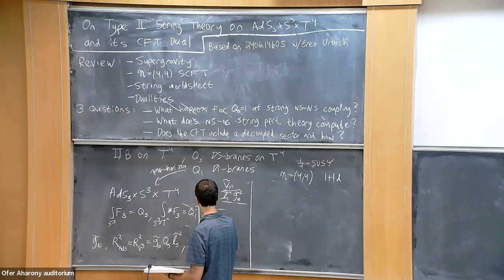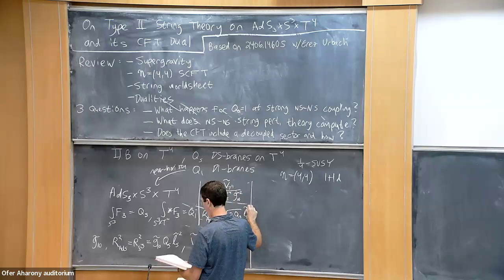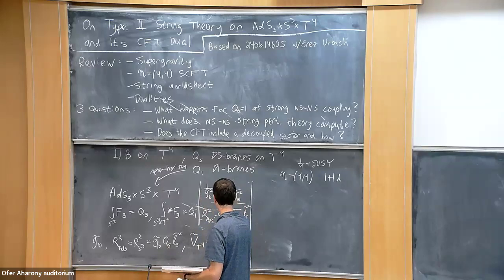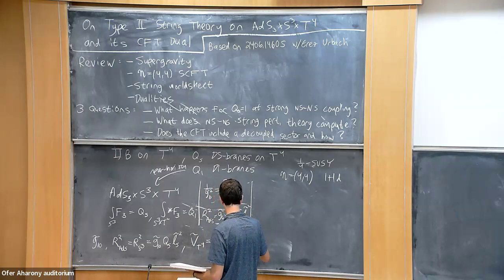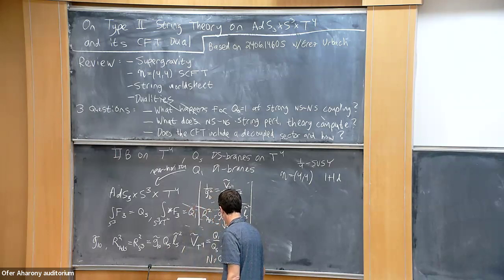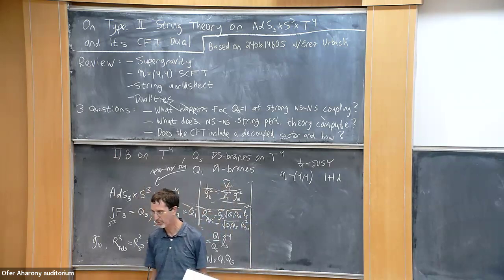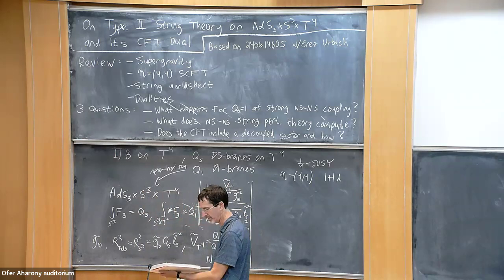For instance, the radius squared of the AdS is the 6-dimensional string coupling times Q1, Q5 in string units, and we can also write it in 6-dimensional Planck units as Q1, Q5 times the 6-dimensional Planck scale squared. So I'll denote n to be Q1, Q5, and then this relation between the AdS radius and the Planck scale is actually exactly the same as what we have also in AdS5 S5.